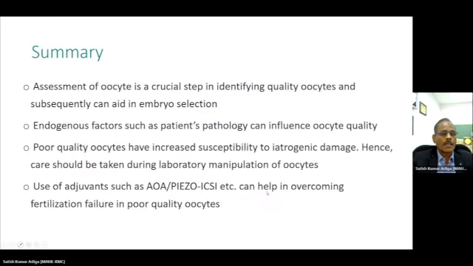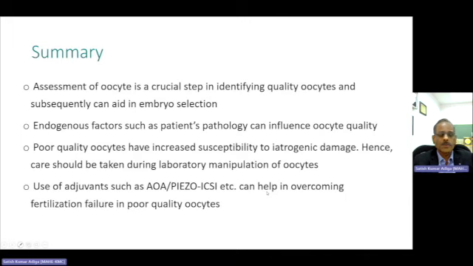So in summary, I would like to conclude by saying that the assessment of the oocyte is a crucial step in identifying quality oocytes, and subsequently it can help in embryo selection. Endogenous factors such as patient pathology can influence oocyte quality, and poor quality oocytes have increased susceptibility to iatrogenic damage.